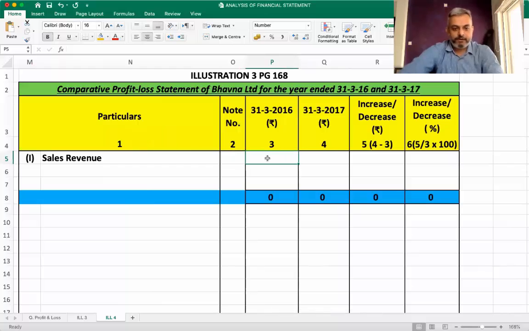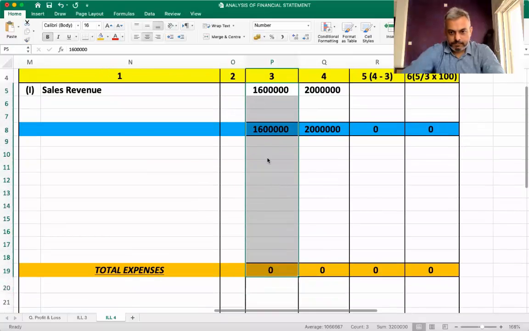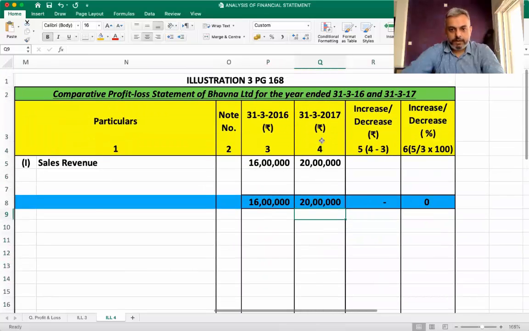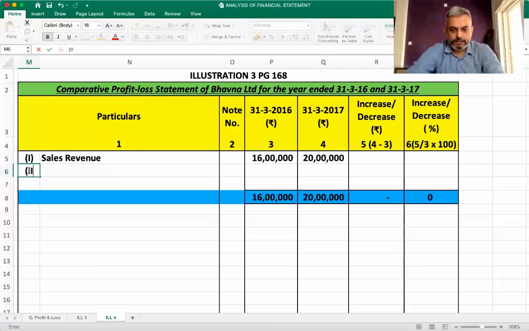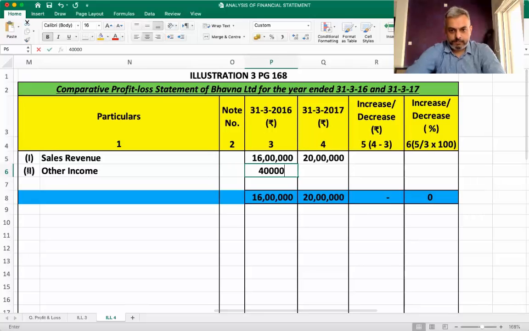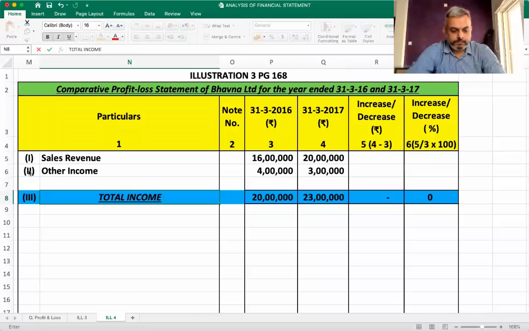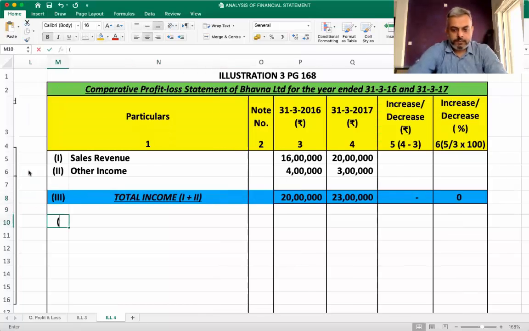That is how you will read, and you will write over here 16 lakh and 20 lakh. Now first we write the statement, other income, 4 lakh and 3 lakh. Total income.